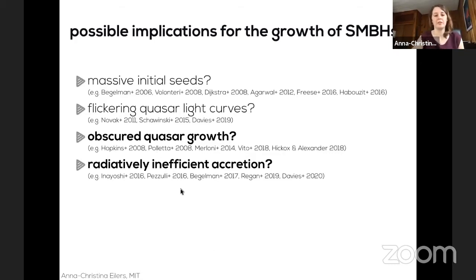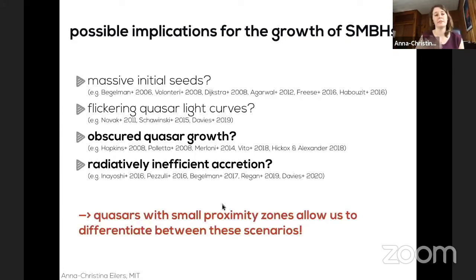But these last two ideas, we believe, are very promising to explain the rapid growth of supermassive black holes in the very early universe. And the young quasars that we discovered, or the quasars with these small proximity zones, now present a unique opportunity to actually test these hypotheses. And in the last few minutes, I want to share with you just one of our ideas on how we're planning to test these hypotheses in the future.